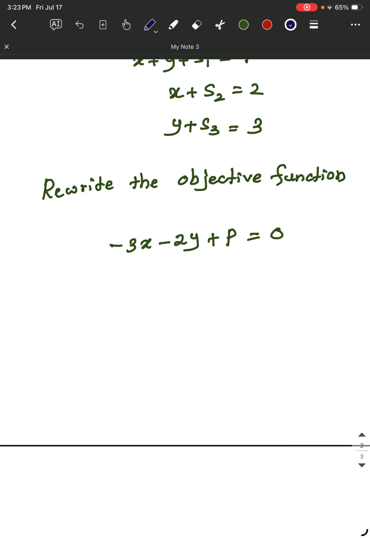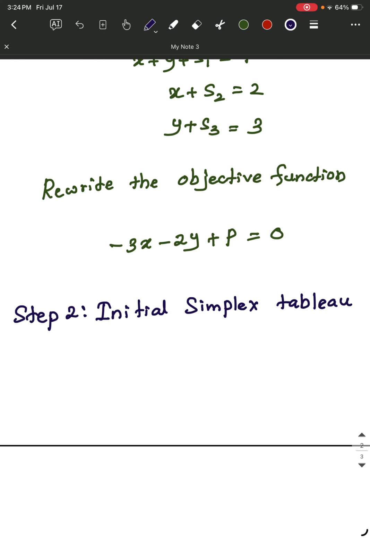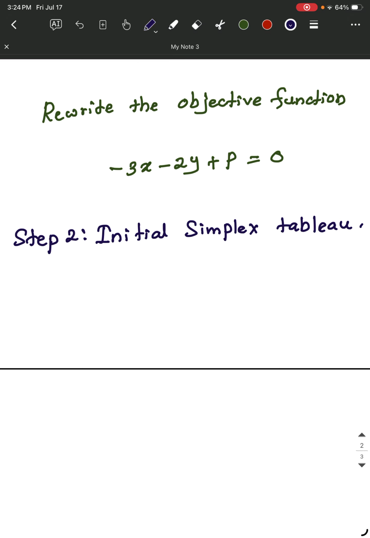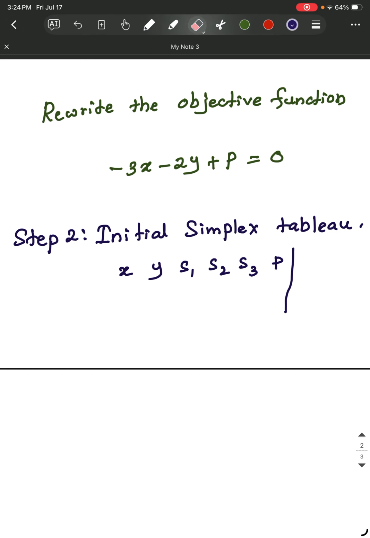Then let's write down the initial simplex tableau. Next step: we have x, y, s1, s2, s3, p, and the constant term.